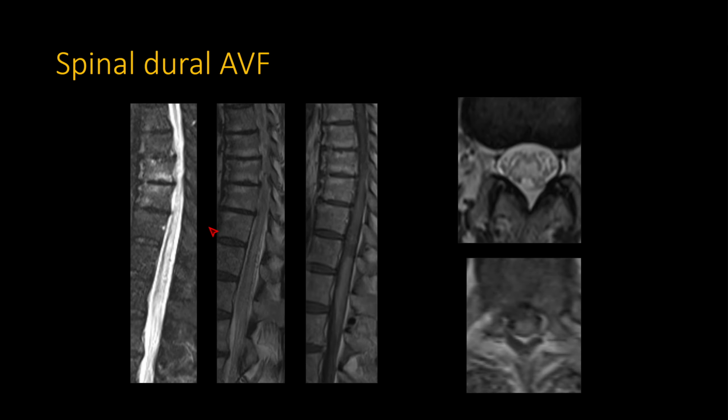Here's another case of a spinal dural AV fistula, longitudinal extensive myelitis, this one involving the thoracic spinal cord, with patchy areas of enhancement in the areas of myelitis. Here, it's much less convincing that there are signal voids. Potentially a little signal void there, a little signal void there.